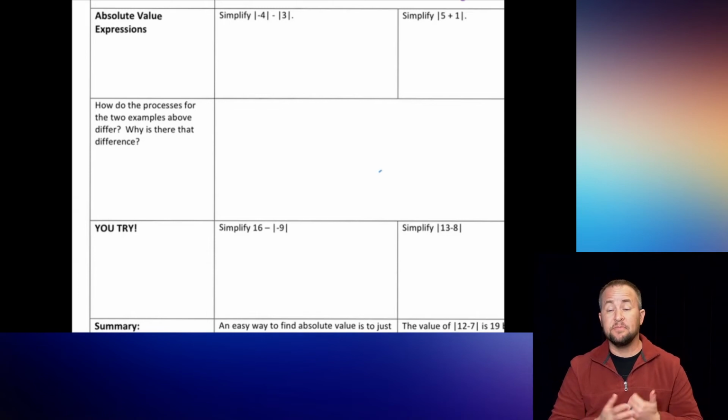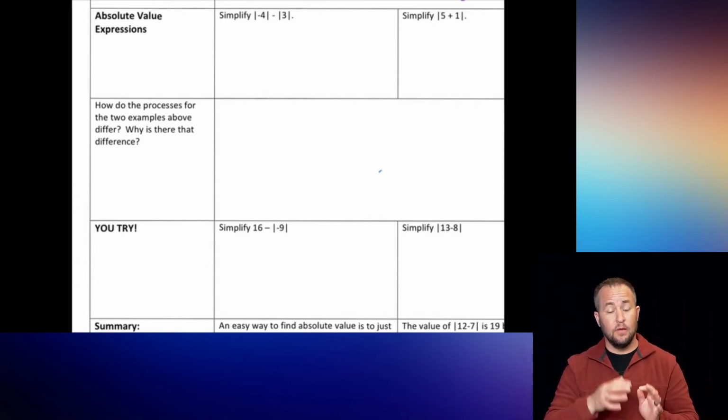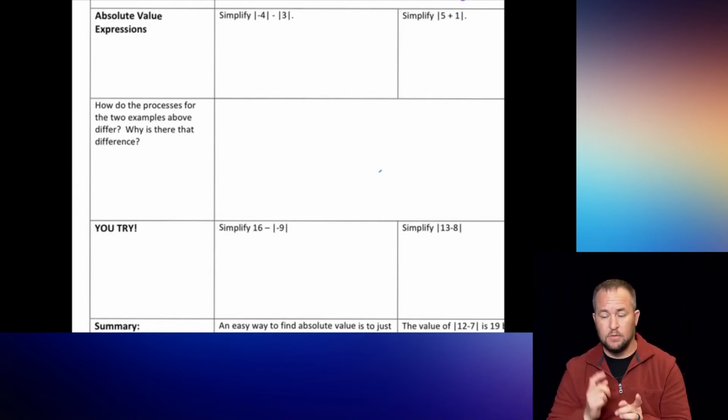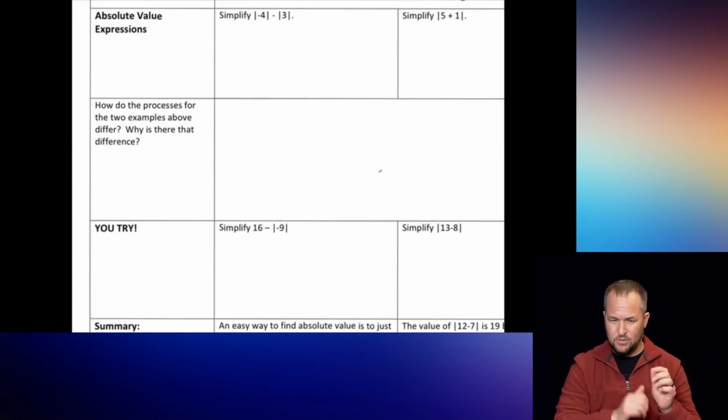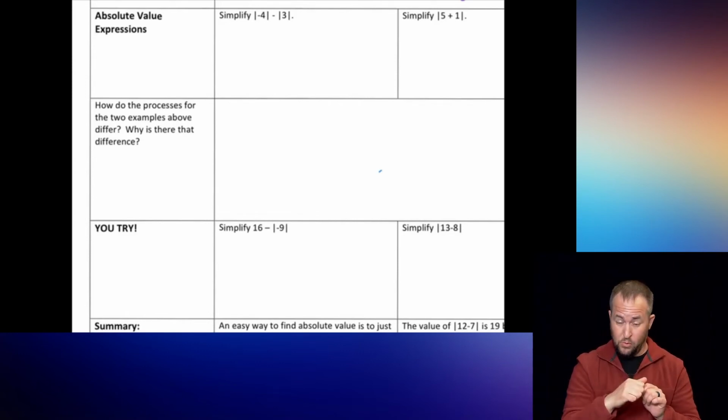So when I'm looking at this example up here, simplifying the absolute value of -4 minus the absolute value of 3, we want to show that we're taking the absolute value of each individual number. So the absolute value of -4, remember that is the distance that is away from 0, which is 4 spaces.